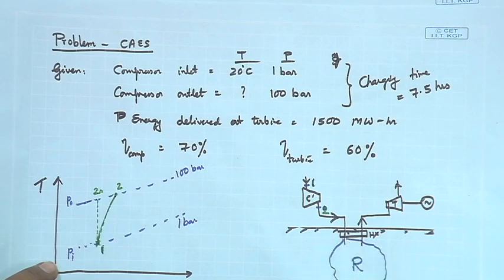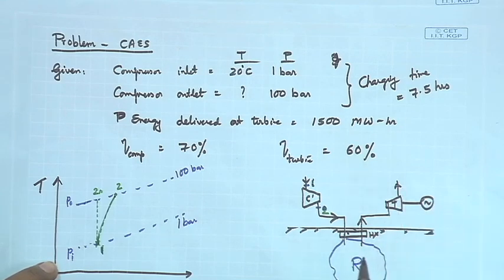So, therefore, if we know the input energy, what we could find was that is equal to m Cp delta T. Okay. So, m dot times Cp times T2 minus T1. So, from there we found out what is the mass flow or what is the mass of air that was stored. Okay.